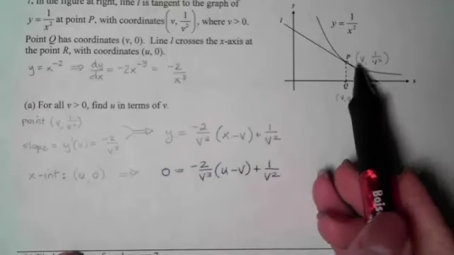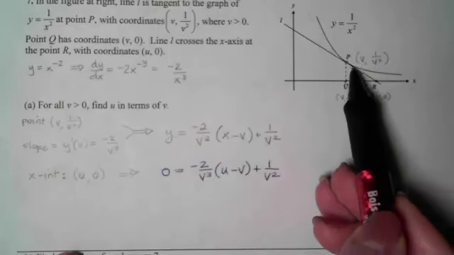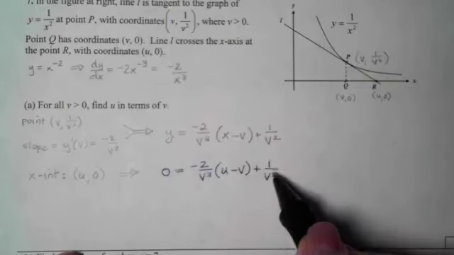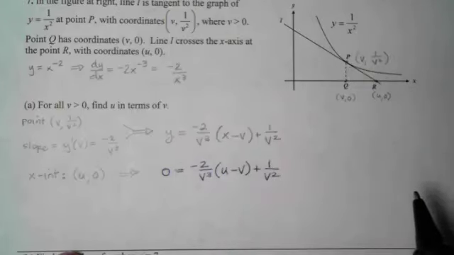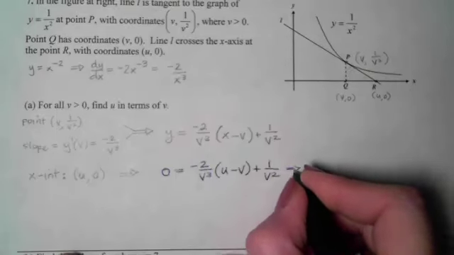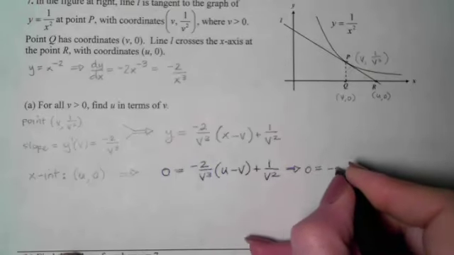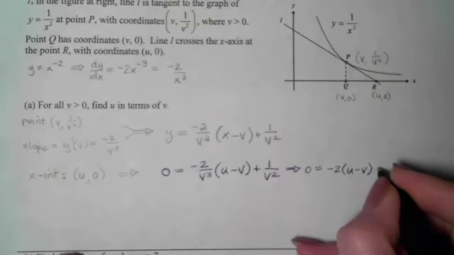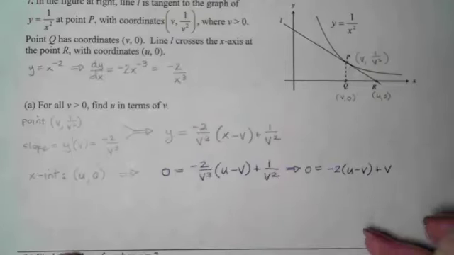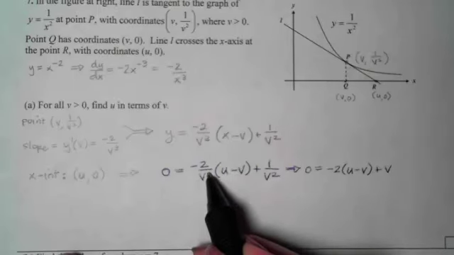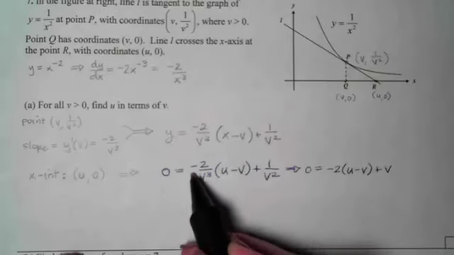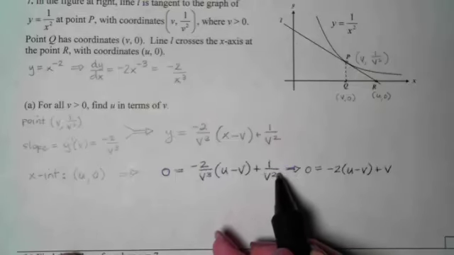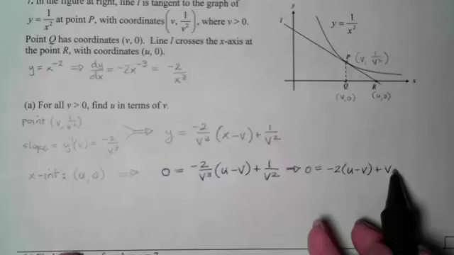We know we can do that because v is on this curve and 0 can never be plugged in. When we multiply both sides by v cubed, we will get 0 equals negative 2 times u minus v plus a v, because the v cubes will cancel on the first term, and in the other term the v cubed will be on top and v squared on the bottom. We can reduce it to get a v.